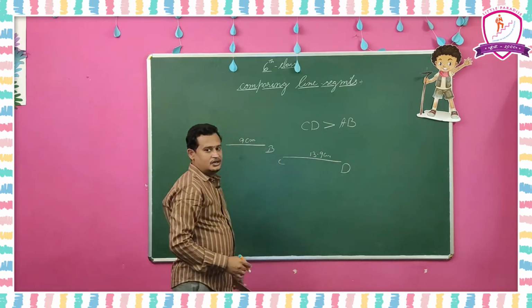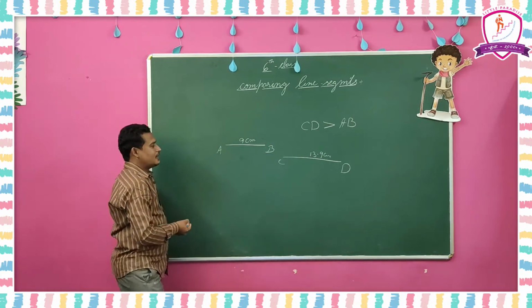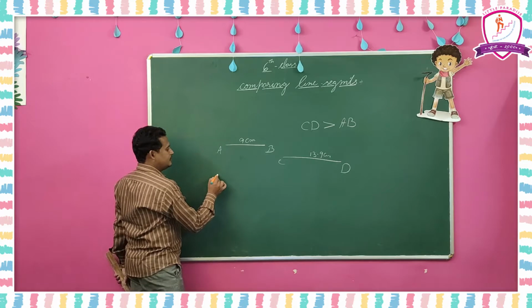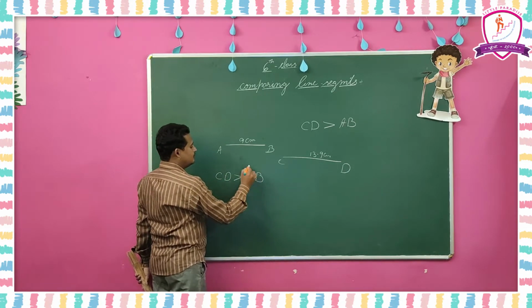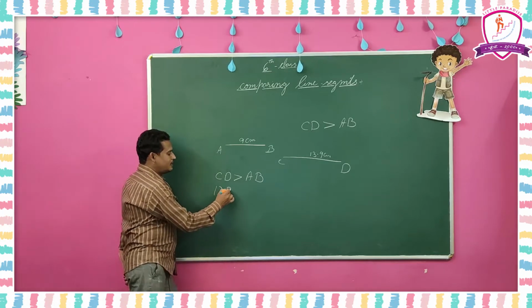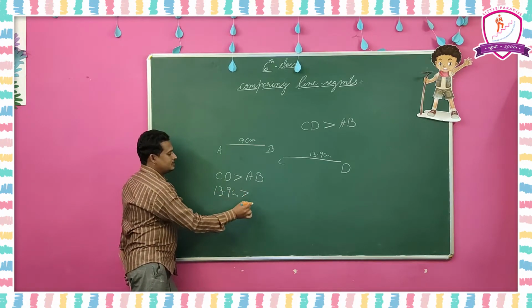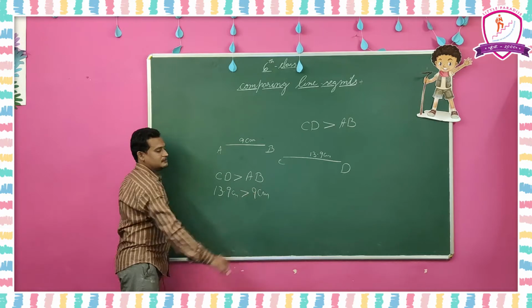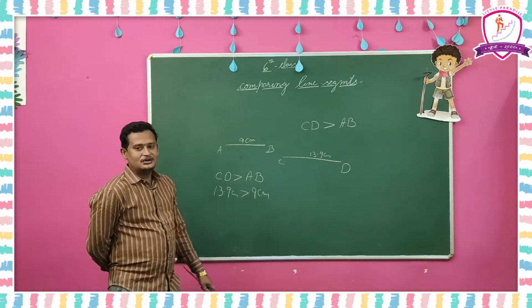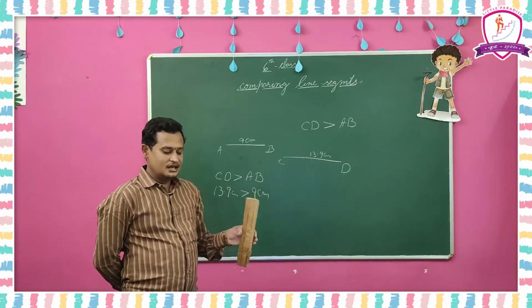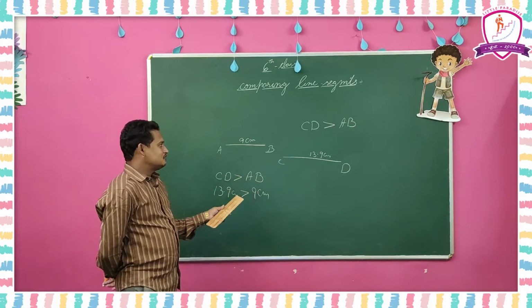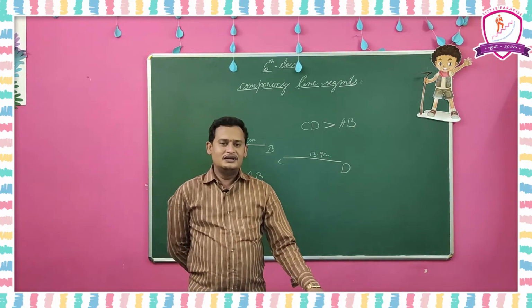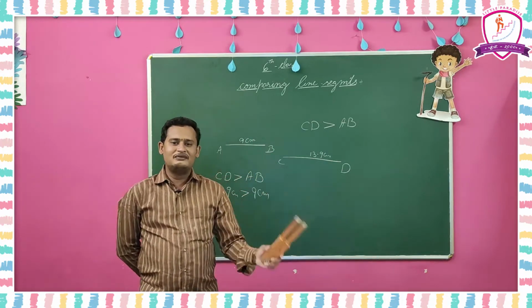So we can write CD is greater than AB, because CD is 13.9 centimeters and it is greater than AB, 9 centimeters. Like that you can write. With the measures we can find the measures of the line segments, then compare. Otherwise we can compare the line segments using the divider also.